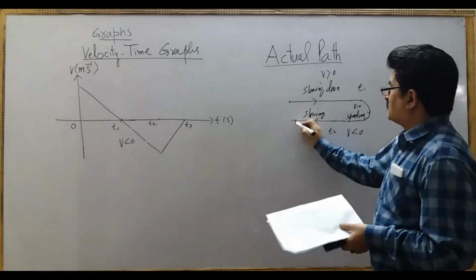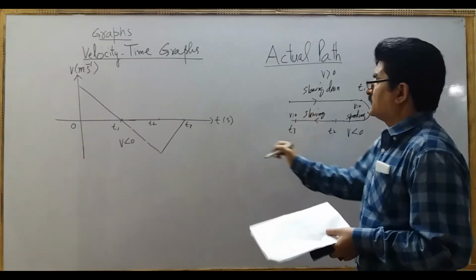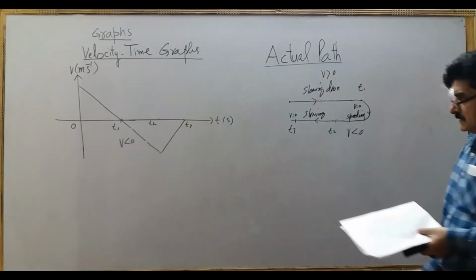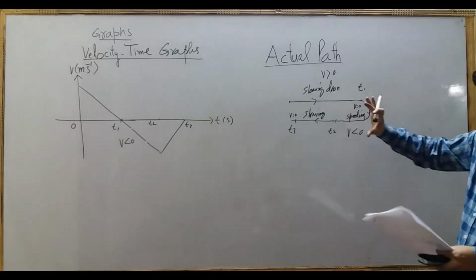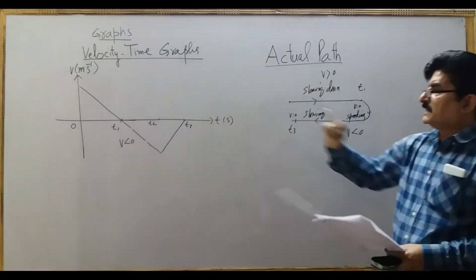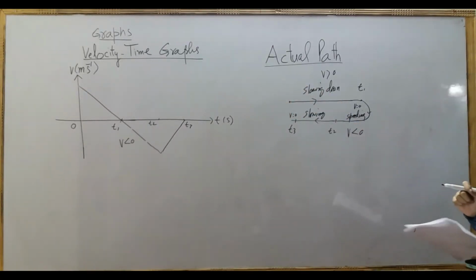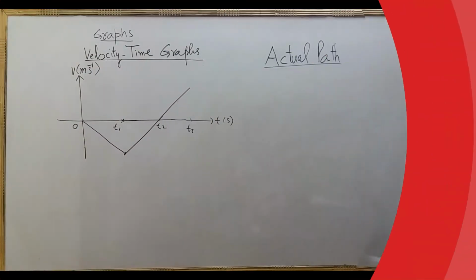At time t3 the velocity becomes 0 and the body comes to rest. So you will face situations in which velocity will be negative and the graph goes down. This is the last graph.